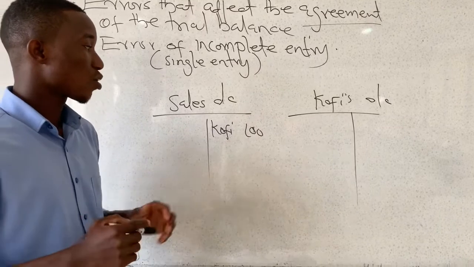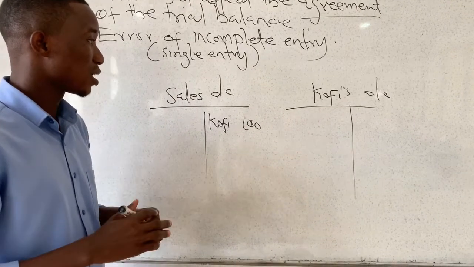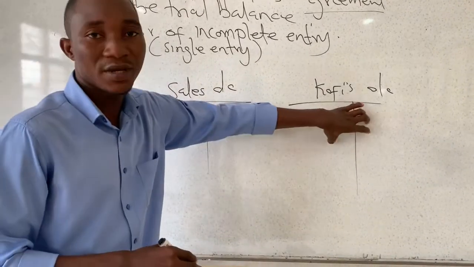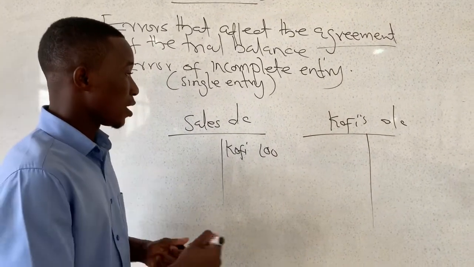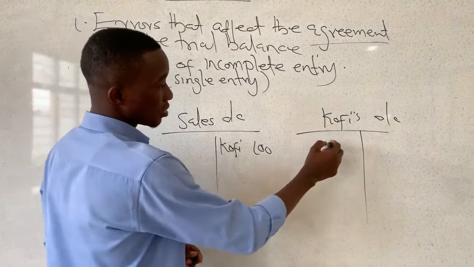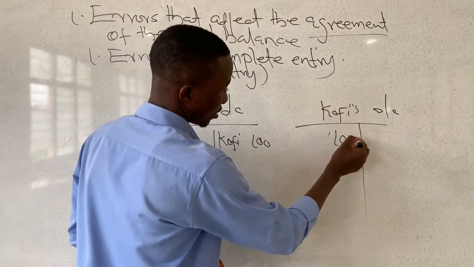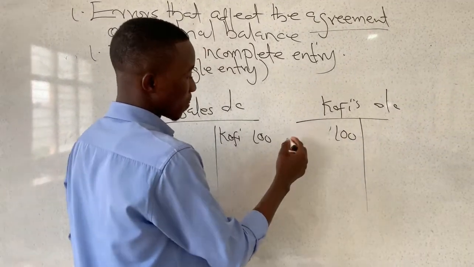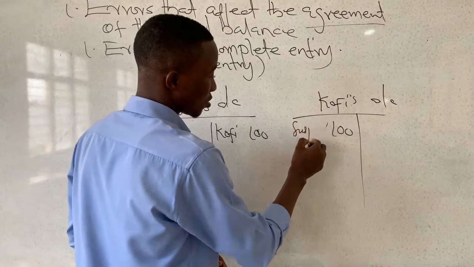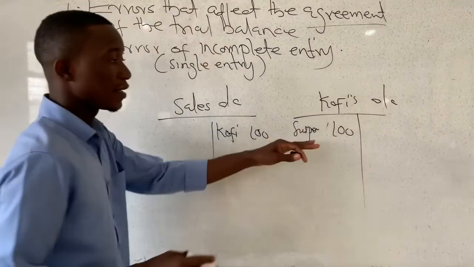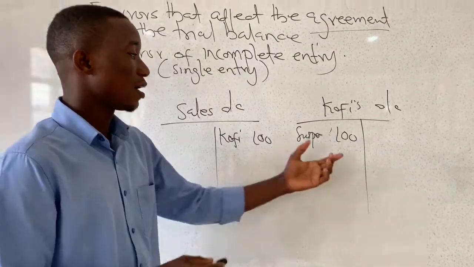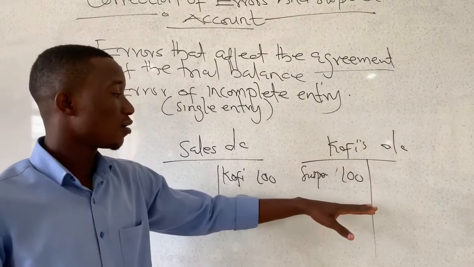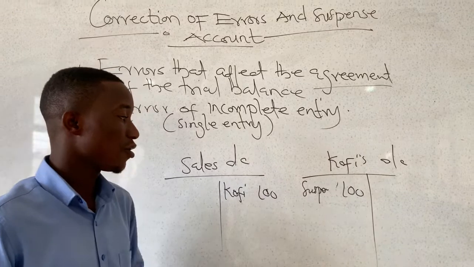So in order to correct this error, what you are going to do is that you make the correct entry in the other account that has not been made. Is that okay? So by correcting, you'll be debiting this account by 100 because you're supposed to debit it. We are debiting it in the name of Suspense because we don't have any other account in which the corresponding entry should be.